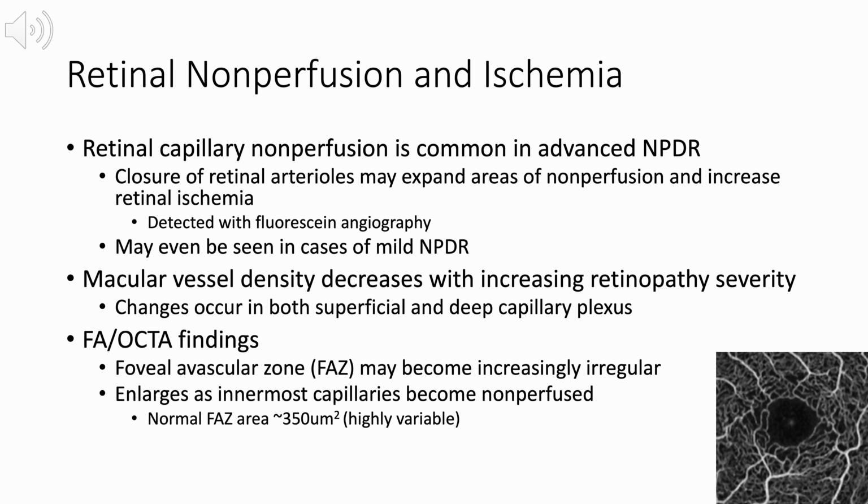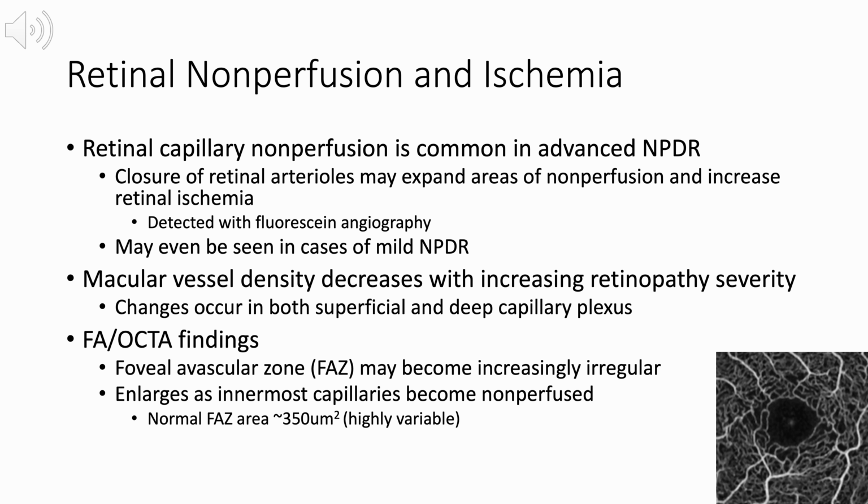This is detected with fluorescein angiography, where non-perfused retina appears as dark hypofluorescent areas devoid of the normal capillary filling pattern. Notably, non-perfusion may even be seen in cases of mild NPDR, a reminder that the angiographic burden of disease often exceeds what we appreciate on clinical examination.